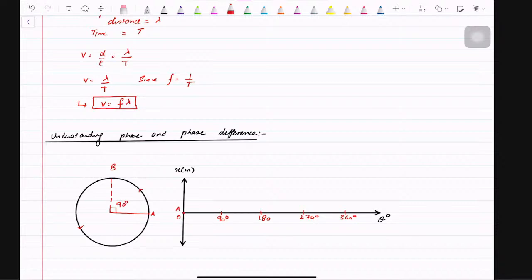This means that now at 90 degrees you're at this level. So you were at 0 here, and now you have gone like this. Now in the next 90, you reach 180 degrees, and now again you are at this level.